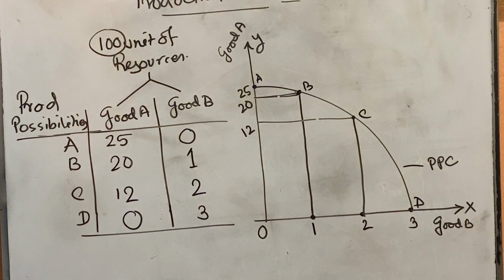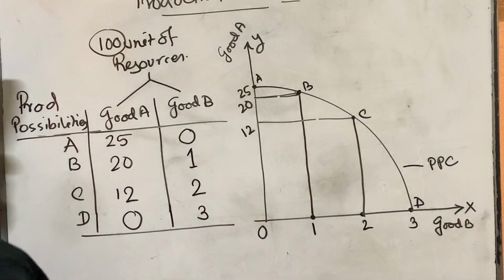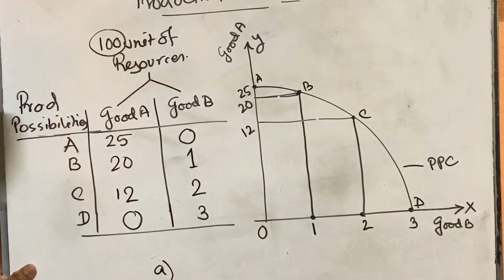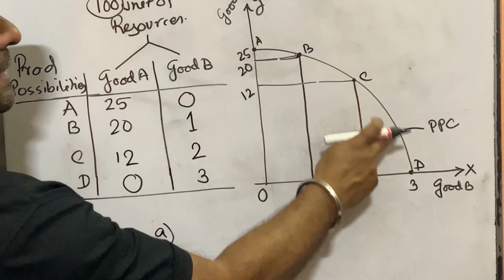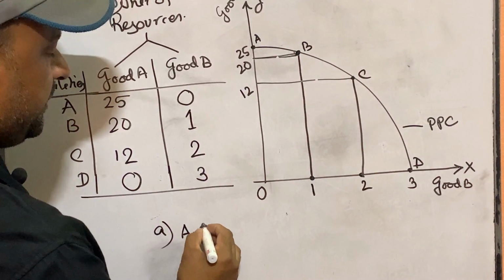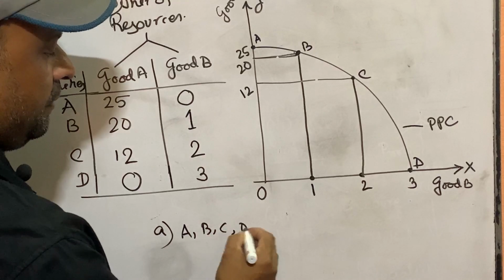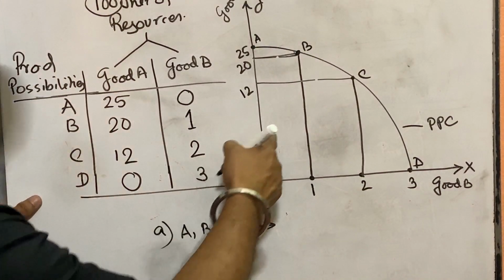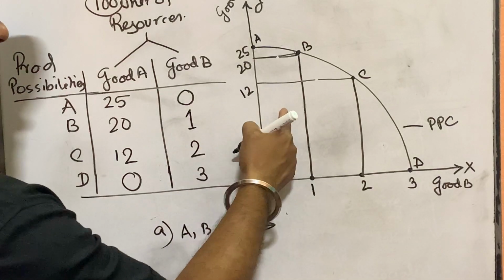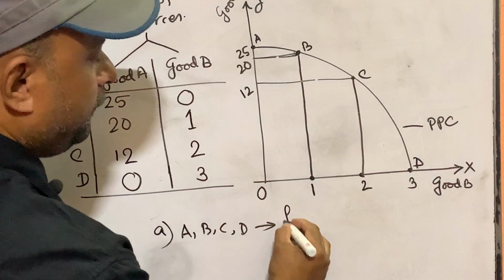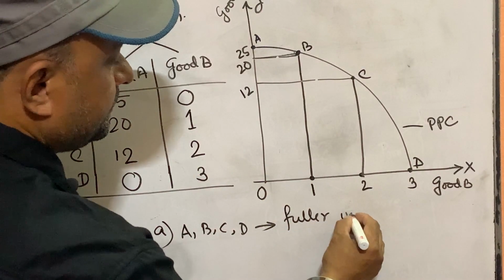Now from this PPC we can get various conclusions. First, all the points of the PPC, that is points A, B, C, D, what does it indicate? All the points indicate we are using our resources fully, complete use, not a single unit of resources is left. That is full use of resources.